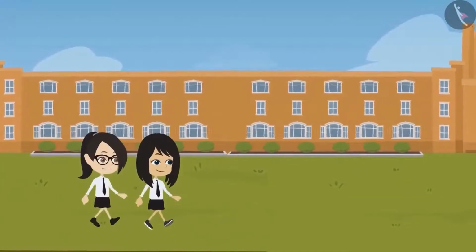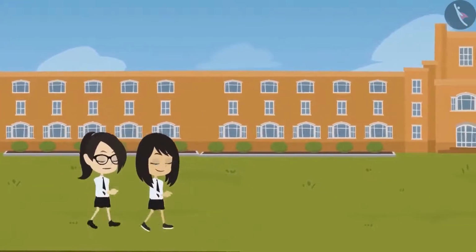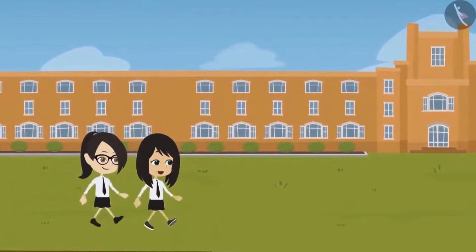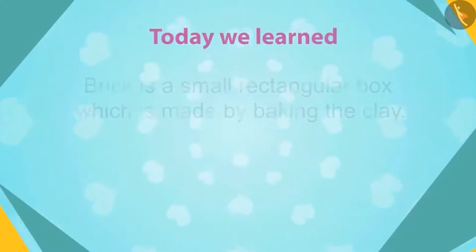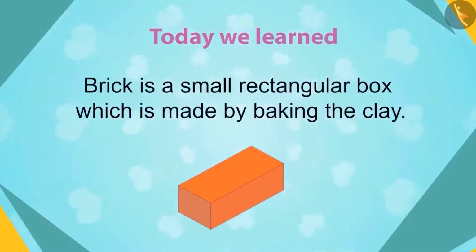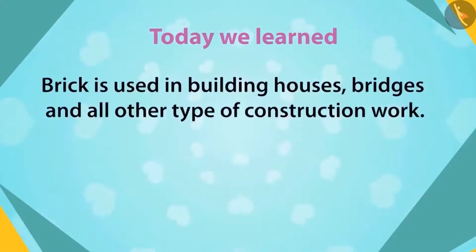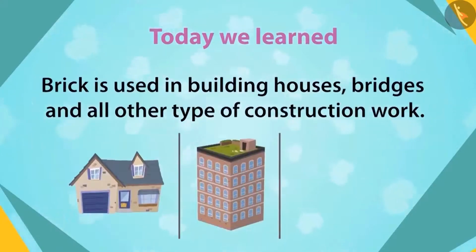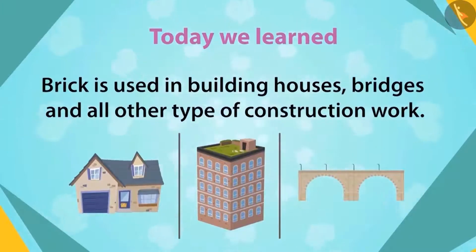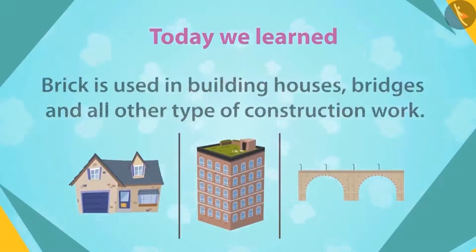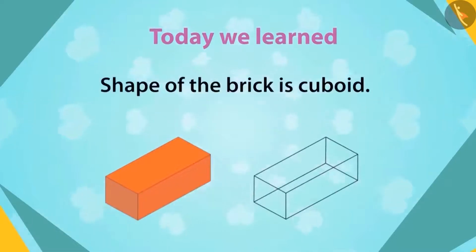Neha, did you remember what engineer sir told us? Yes. Let me summarize the information we gathered on bricks today. A brick is like a small rectangular box which is made by baking the clay. A brick is used in building houses, bridges, and all other types of constructions. Shape of the brick is cuboid.